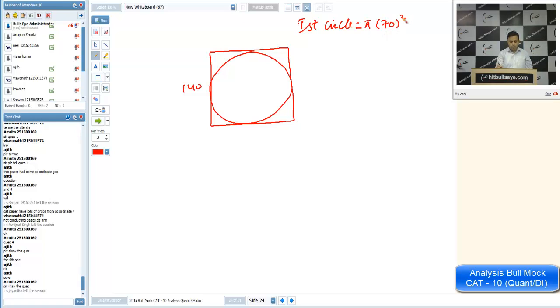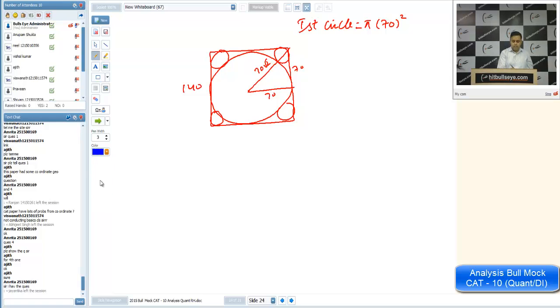Next, we have drawn circles in the four corners of this square. This is the center. Since this is 70 and this is 70, this will be 70 root 2. Right?